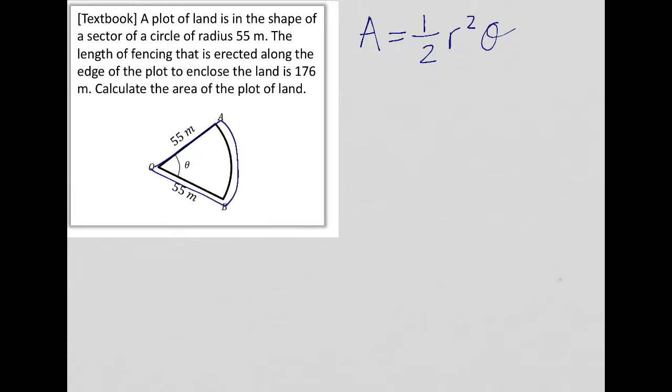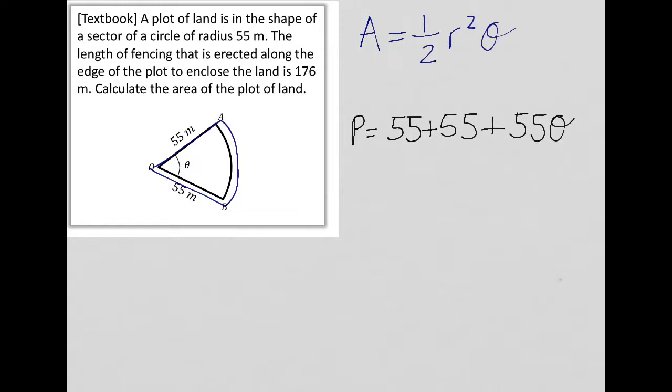So I could say that my perimeter is equal to 55 plus 55 again, because that's my two radiuses, plus my arc length, which is r, which is 55, times theta.